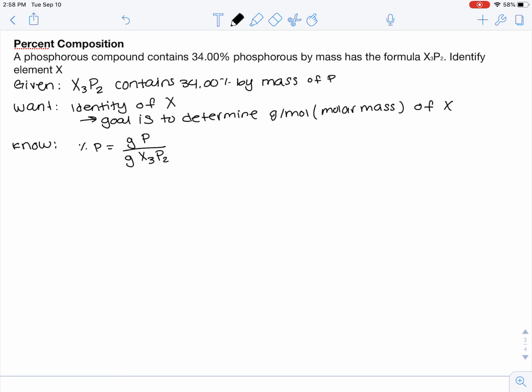So we know 34% was equal to grams of phosphorus over the grams of the compound. So in order to figure out the mass of X, first determine the mass of phosphorus in the compound.